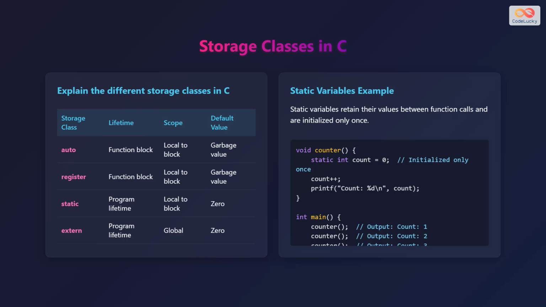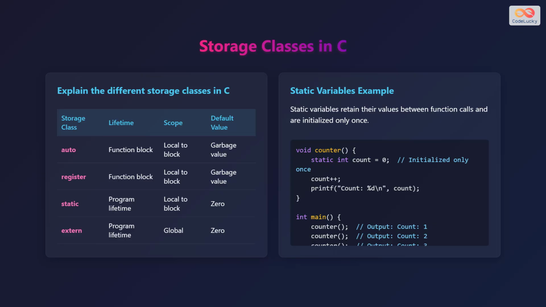The static storage class has a lifetime throughout the program, but is local to the block where it is defined. Its default value is 0. The extern storage class has a lifetime throughout the program and has global scope, with a default value of 0. Static variables retain their values between function calls and are initialized only once.